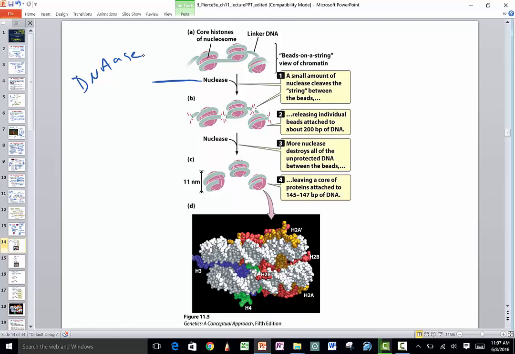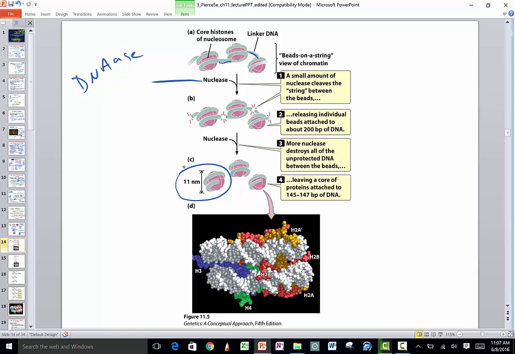And it cuts the DNA, but it only cuts the DNA if it's not bound up by proteins. So in this case, we've got some free DNA that's exposed in between the nucleosomes, and if we cut it with a nuclease, we can release individual nucleosomes, and that's how they came up with what is in one of these nucleosomes.